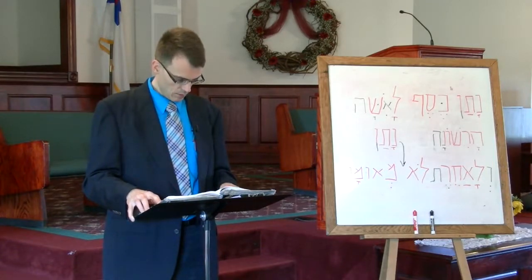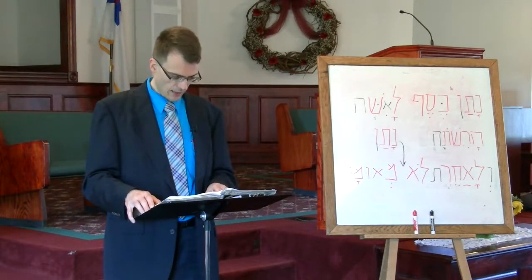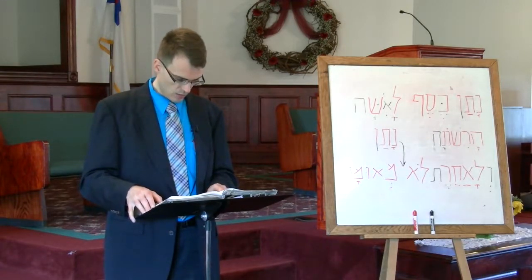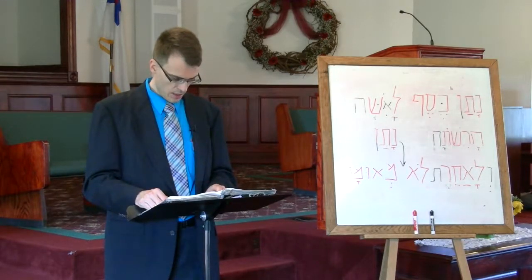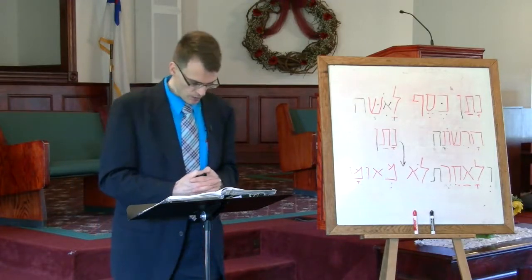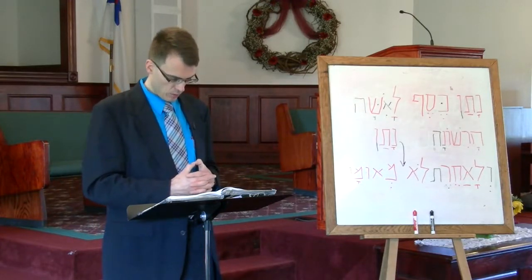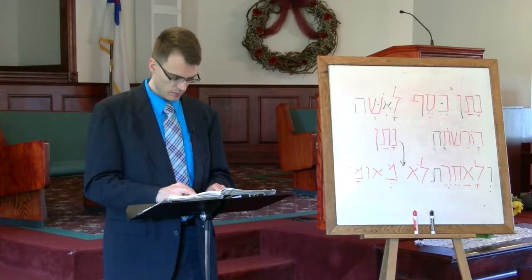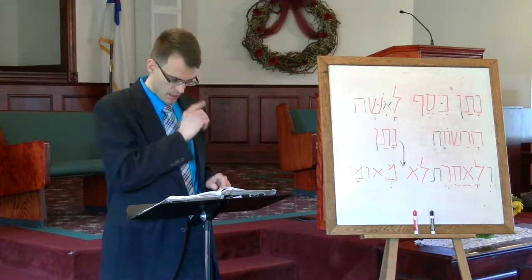So ata, thou; at, thou, feminine singular; hu, he; hi, she; anachnu, we; atem, you, masculine plural; aten or atena, you, feminine plural; hem or hema, they, masculine plural; and hena, they, feminine plural. Let's go ahead and say those together, and when we say them together, I'm going to say atem or atena, and hem or hema.